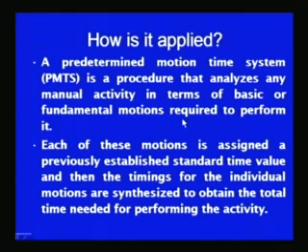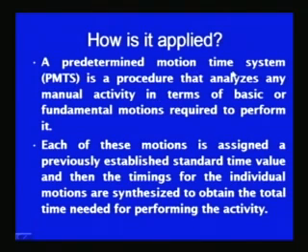For applying the PTS systems, the given job which is to be analyzed and for which time is to be obtained is broken down into a number of basic human motions, so that the time values for those basic human motions can be obtained from the data banks and the PTS systems.